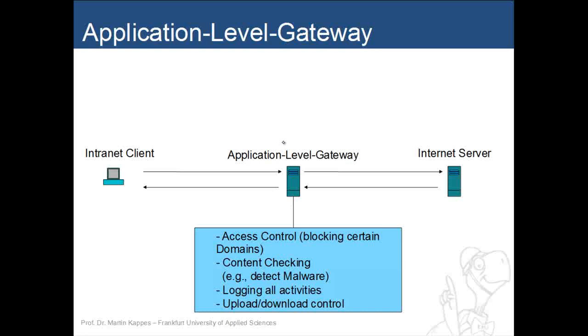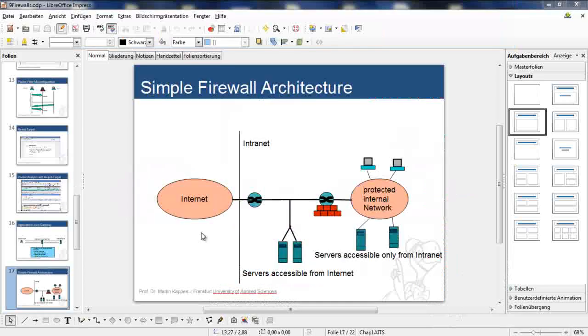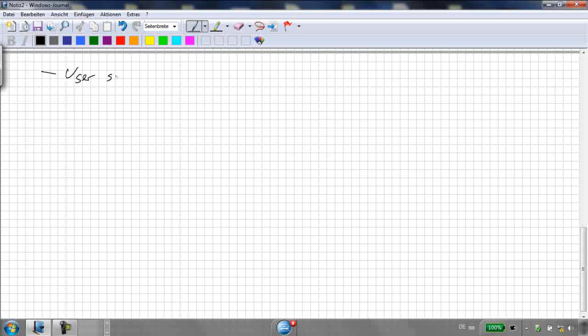So the advantages of an application level gateway over a packet filter are in particular, and again let's note those down right now, as we did before. If you have an application level gateway, then of course it's also possible to filter the data based on user specific rules. So application level gateways allow for user specific rules.